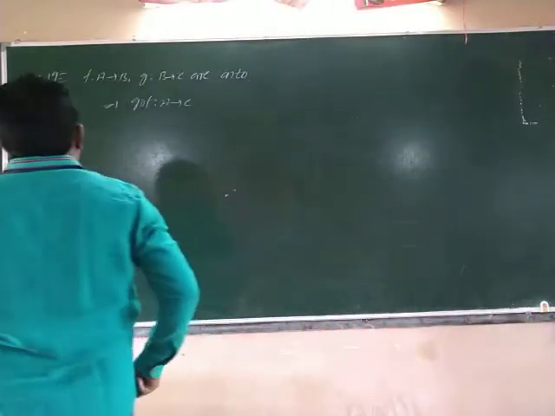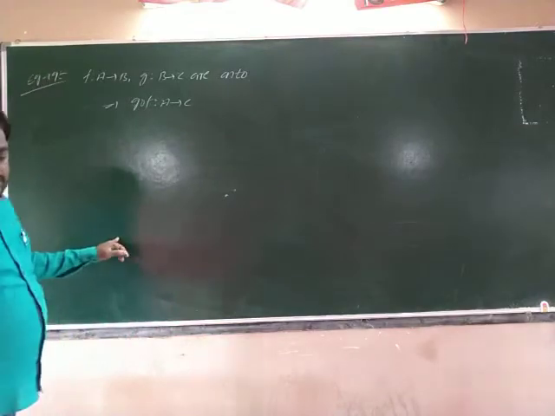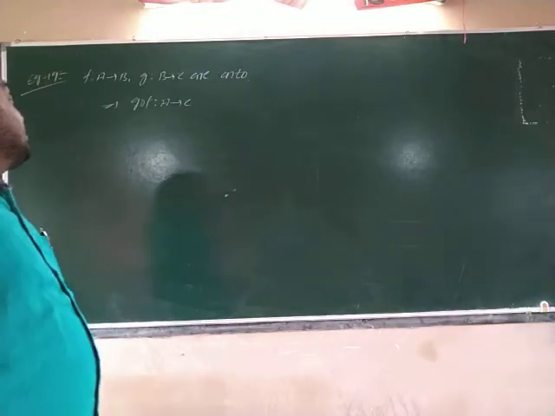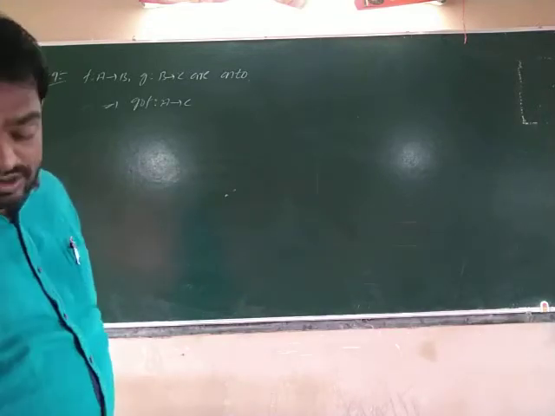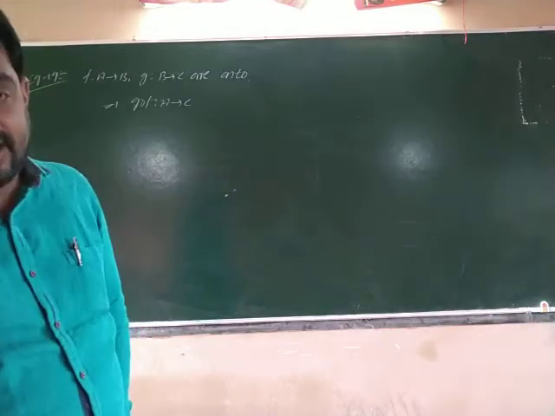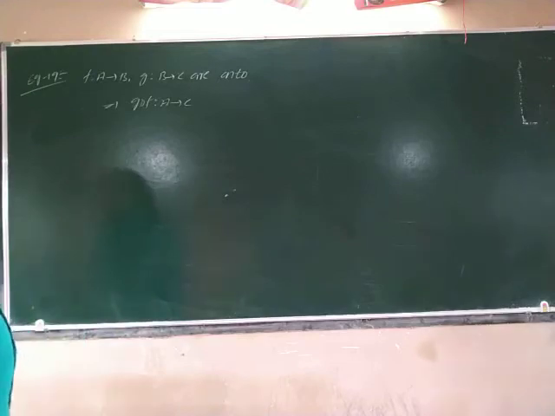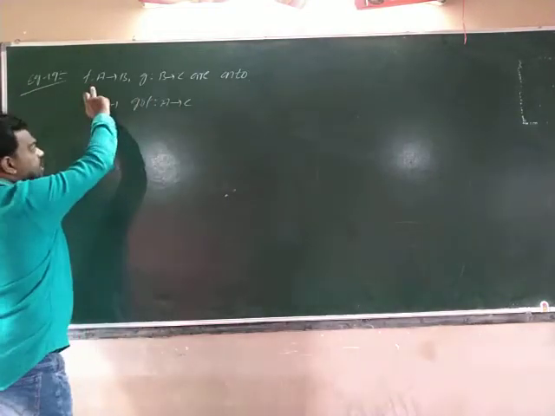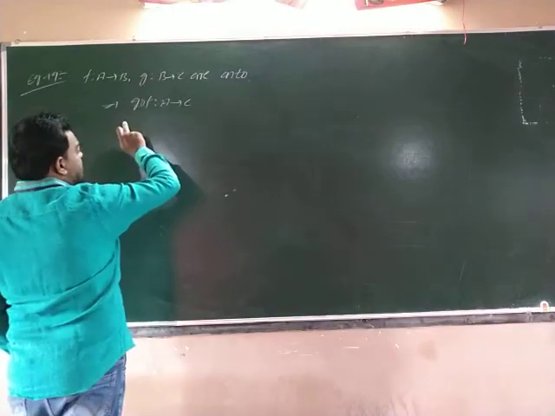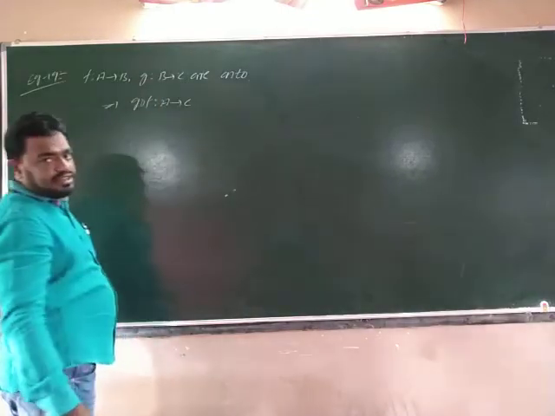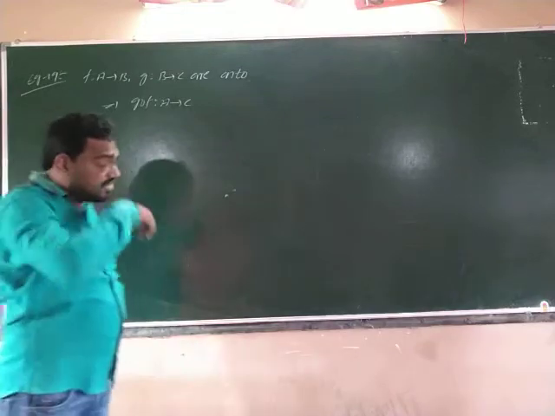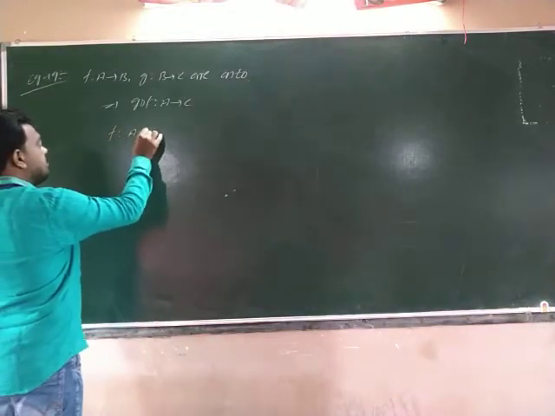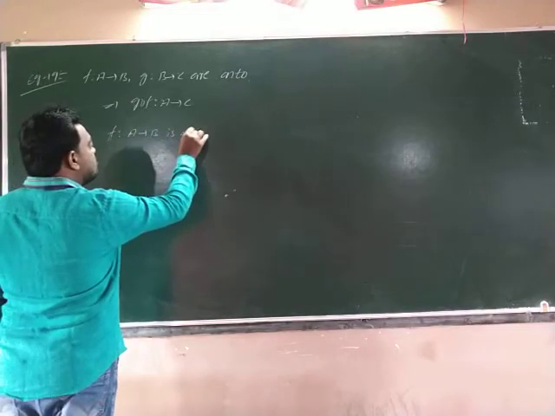Show that if f from A to B and g from B to C are onto, then g circle f from A to C is onto. This is the question. Here you see f from A to B, g from B to C, that implies g circle f from A to C. Right? What is the definition of onto? f mapping from A to B is an onto function.